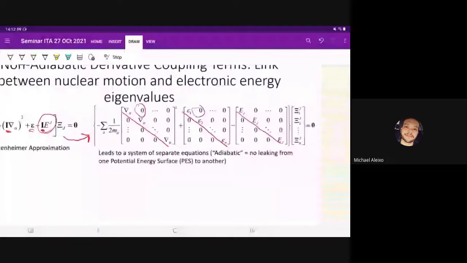We're going to use the term adiabatic. And this is the adiabatic representation because adiabatic means it doesn't leak, right? It's not going to leak. So you can't hop. There's no way to hop from one energy surface to the other because there's no off diagonal elements.